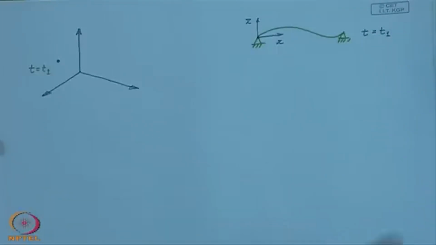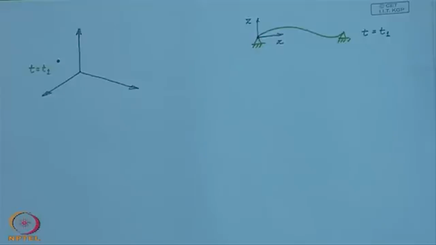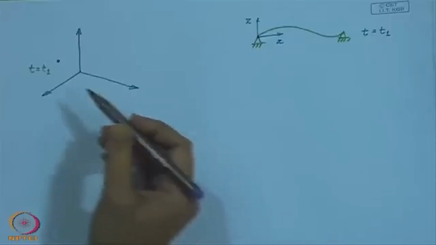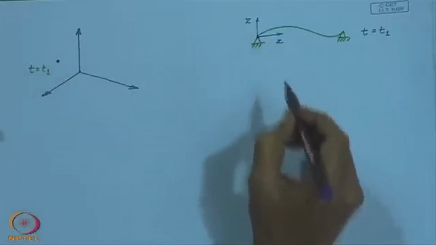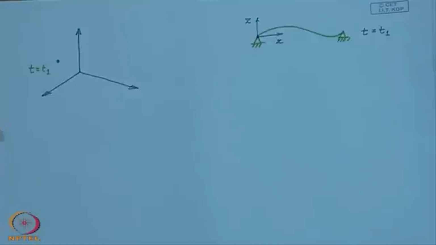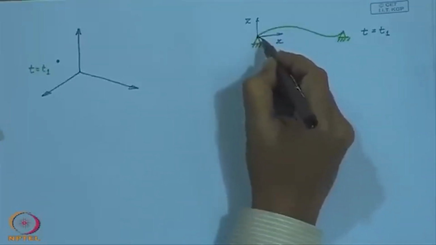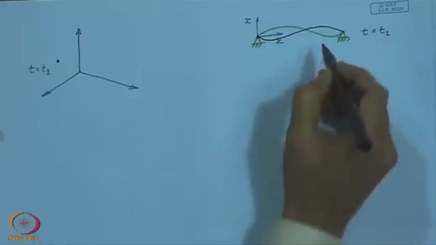So, this is the configuration of the string that I have observed at time t equal to t1. Now, suppose I close my eyes and allow this string to move, and suppose at time t equal to t2 it attains a configuration like this.